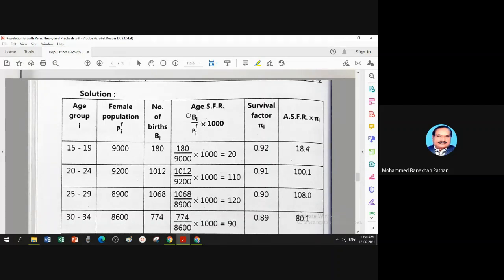Formula: total birth in that group divided by female population in that group, multiplied by 1000. This is abbreviated as ASFR. Calculation: 180 divided by 9000, multiplied by 1000, equals 20. So this divided by this column, multiplied by 1000.